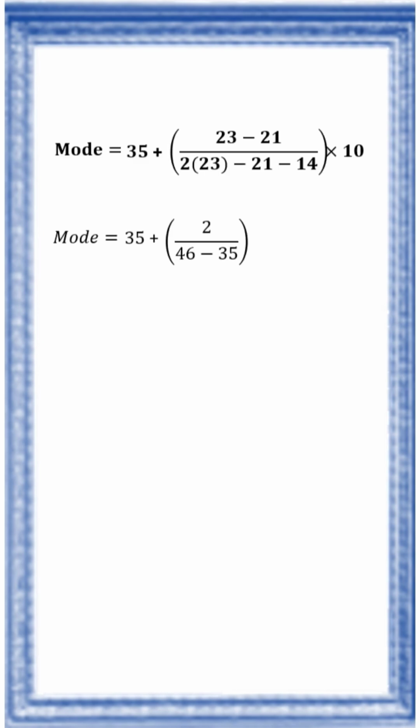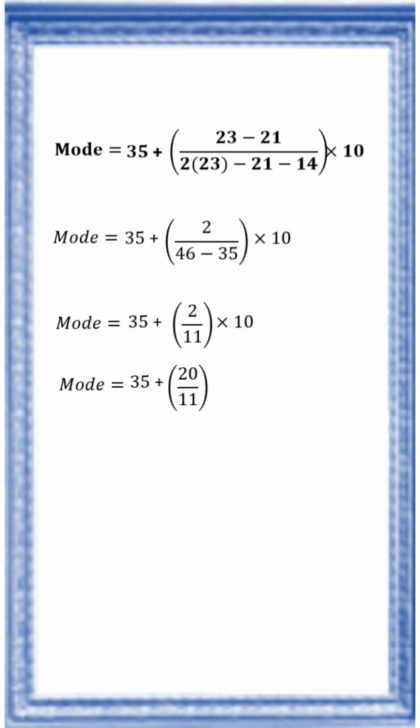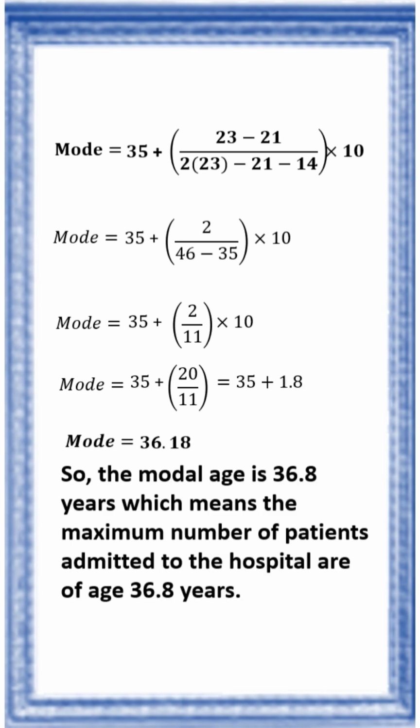Now we have mode is equal to 35 plus 23 minus 21 upon 2 into 23 minus 21 minus 14 into 10. Now let us simplify. So mode is equal to 35 plus 23 minus 21 is 2, upon 2 into 23 is 46, minus 21 minus 14 is minus 35, into 10.